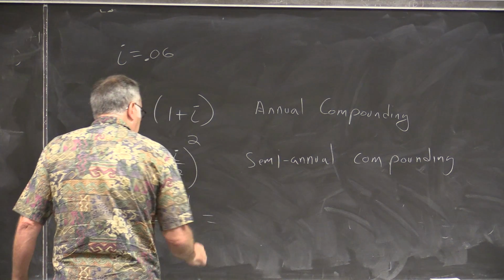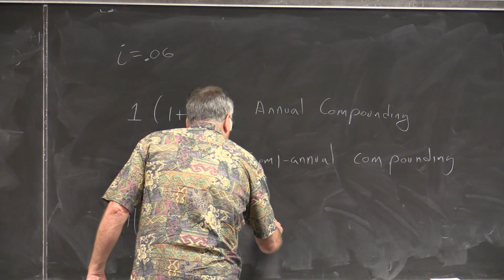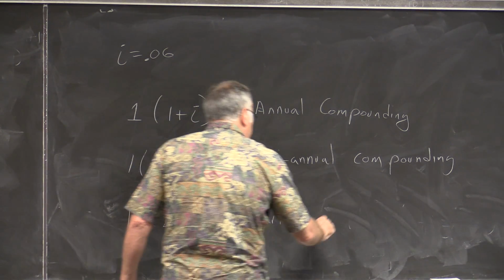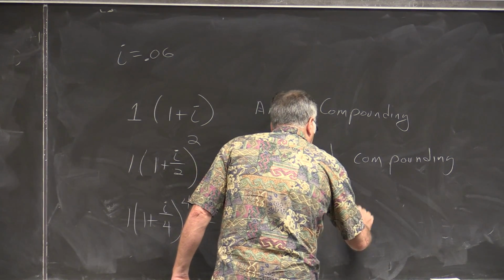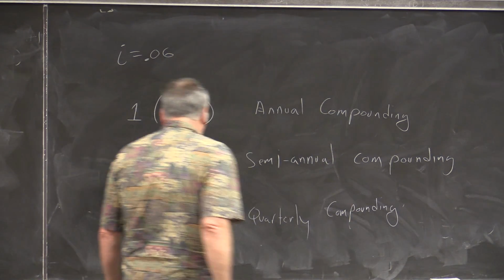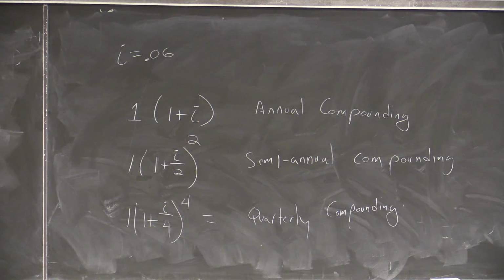And that would be quarterly compounding. Every 3 months, you get 0.06 divided by 4. That would be what you would get. But there are 4 periods within the year.